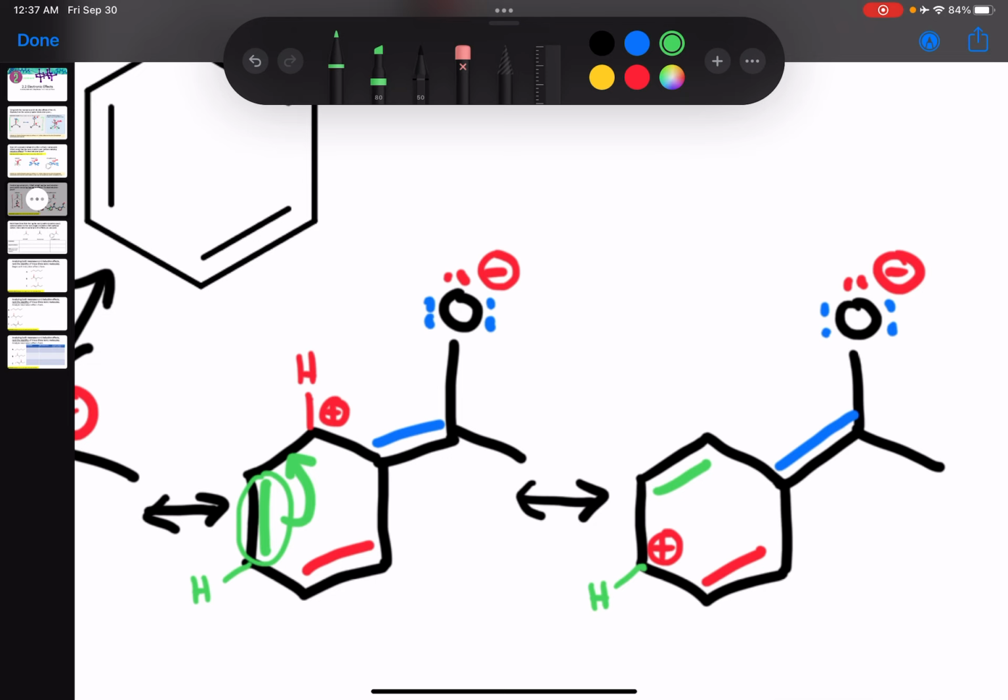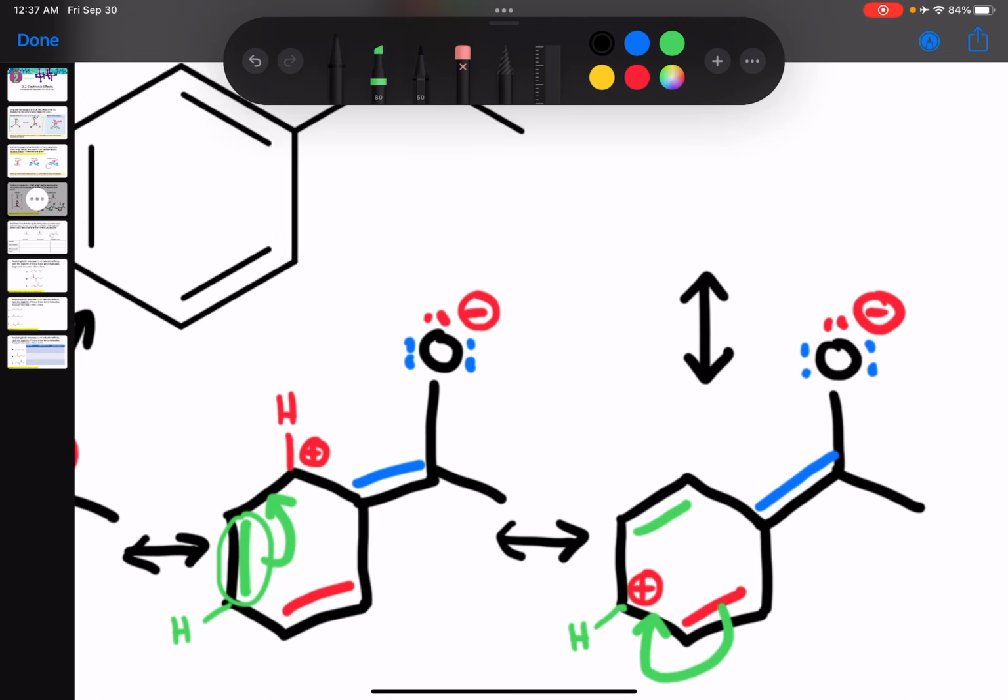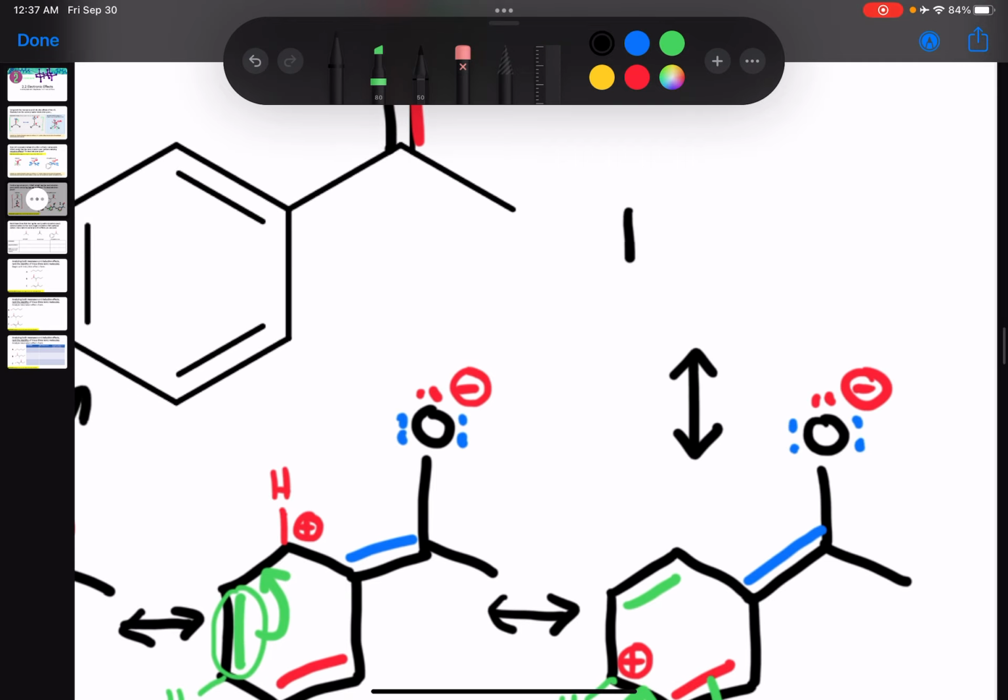And then we can do the same thing with the red pi bond. We can transfer it towards the carbon where the positive charge is now located.